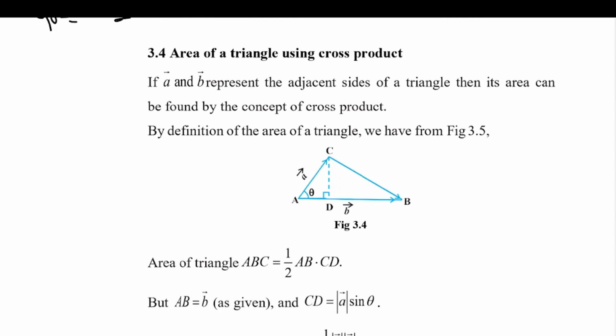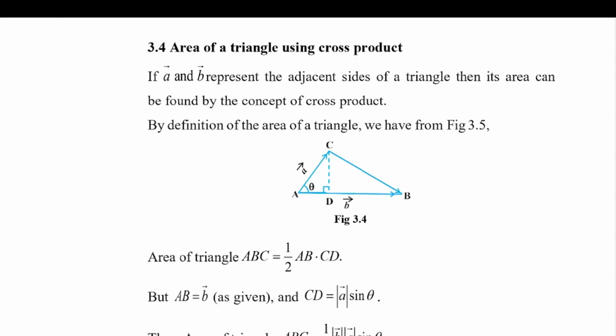So area of a triangle. Okay, so the next one that we want to talk about is area of a triangle using cross products. Now, in this part of our lesson, we are going to find the area of a triangle using the concept of cross products.